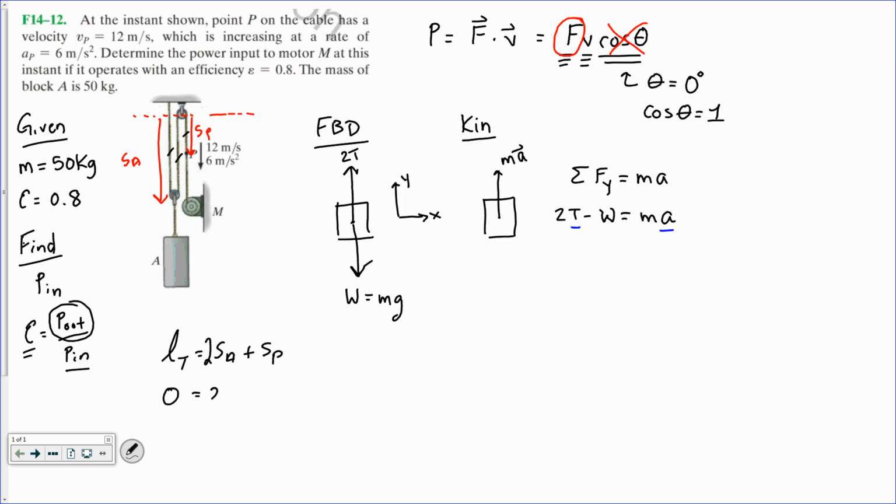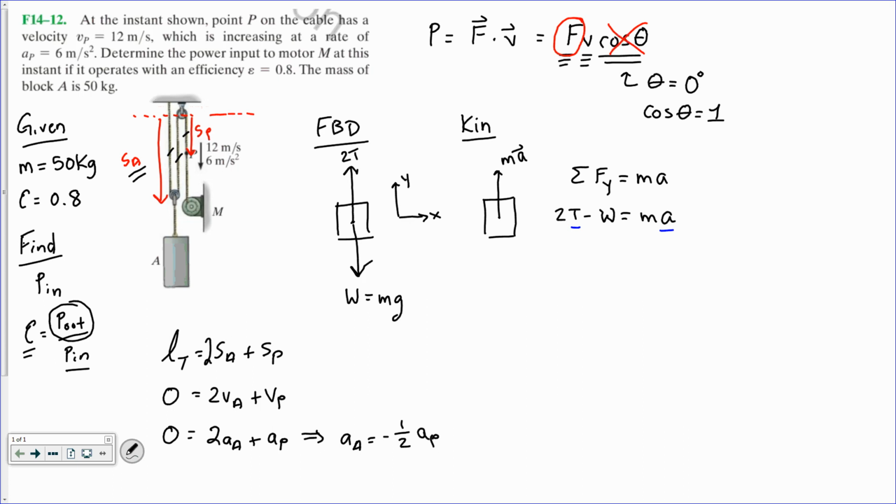Take the first derivative, 2VA plus VP. Second derivative, 2AA plus AP. Aha! So I find out that the acceleration of block A is equal to negative 1/2 the acceleration of block P. The reason why I have that negative sign there is because as point P goes downwards in its positive direction, block A goes upwards, which is in its negative direction according to my dependent motion analysis vector, SA.